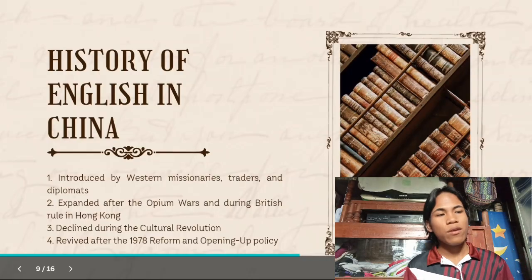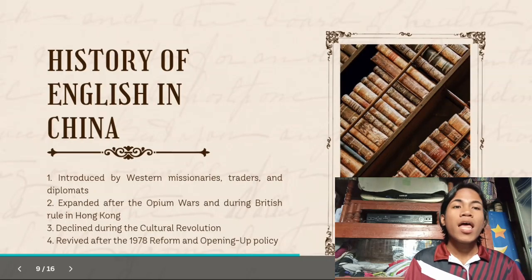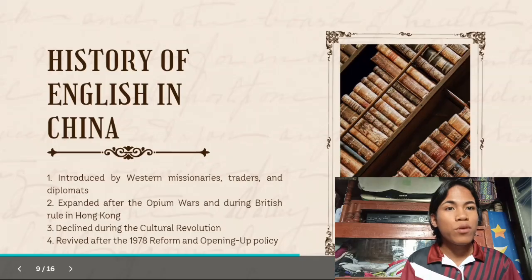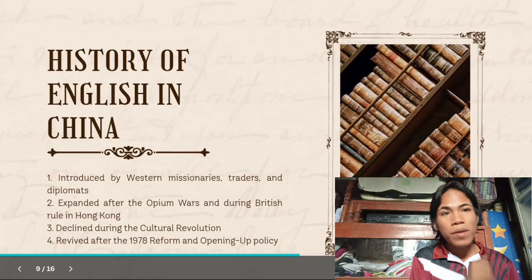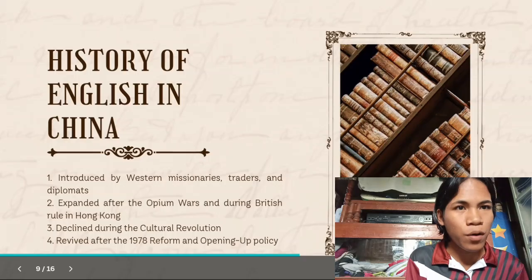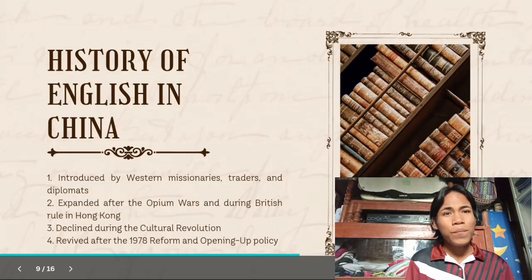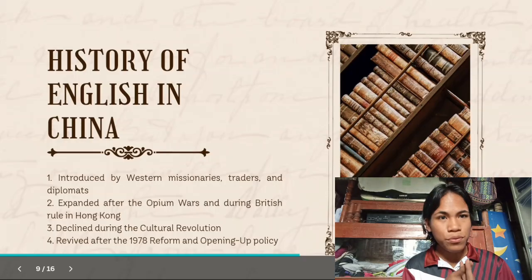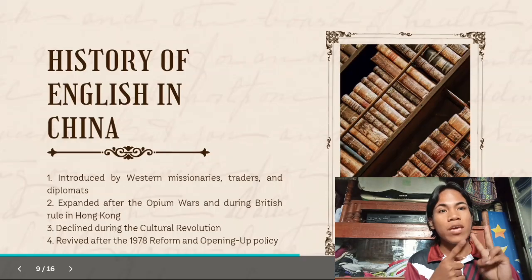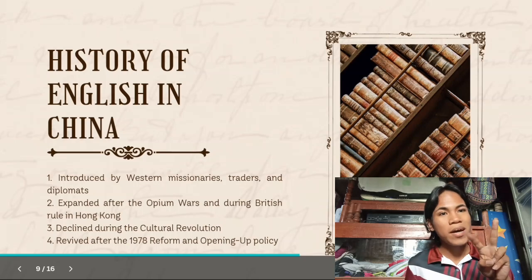So aside from that, what propels more the expansion of the English language in China is the opening of treaty ports after the Opium Wars. So what is this opening of treaty ports and Opium Wars? The opening of treaty ports pertains to these two Asian countries, which are Japan and China.